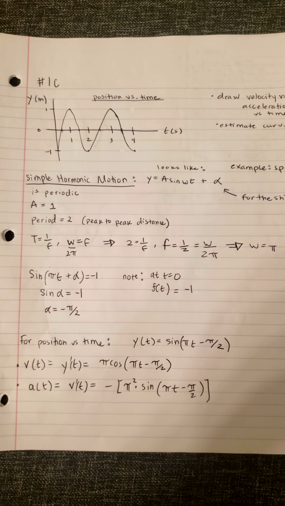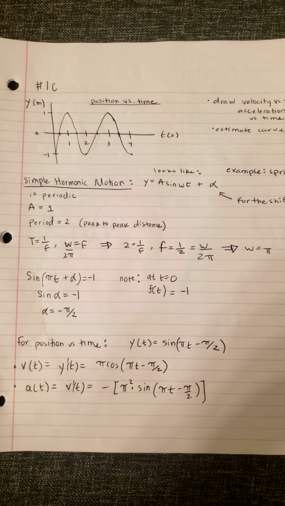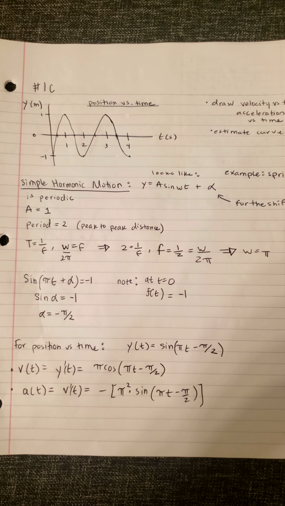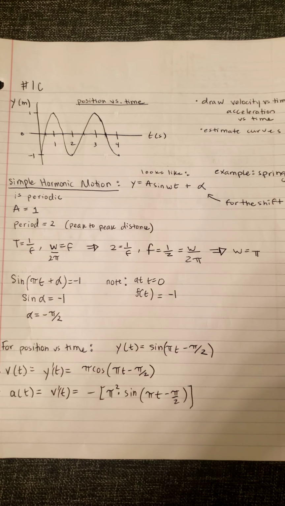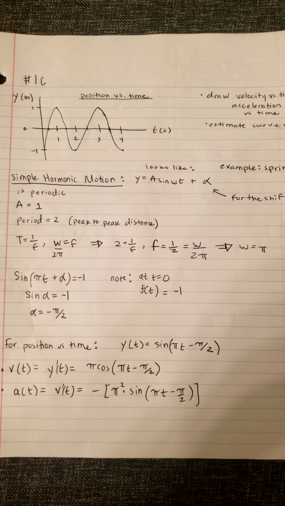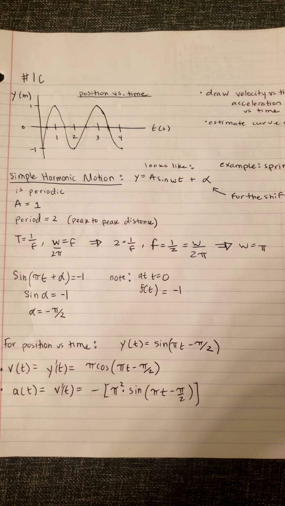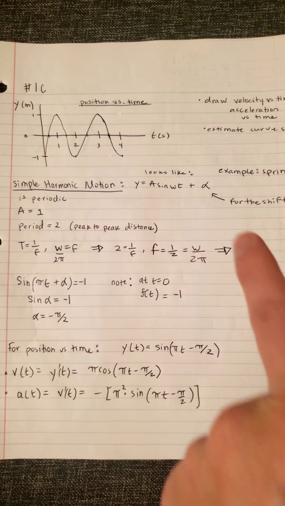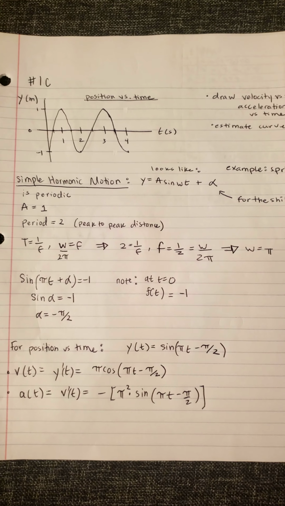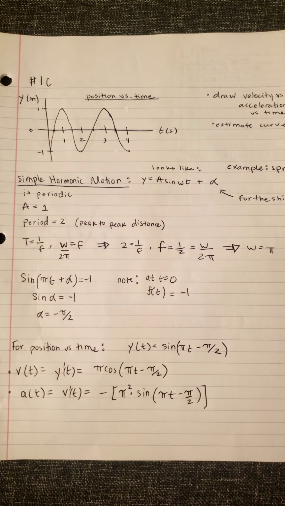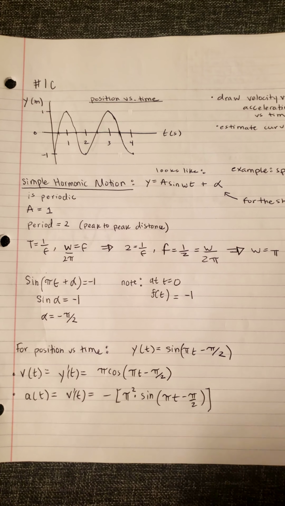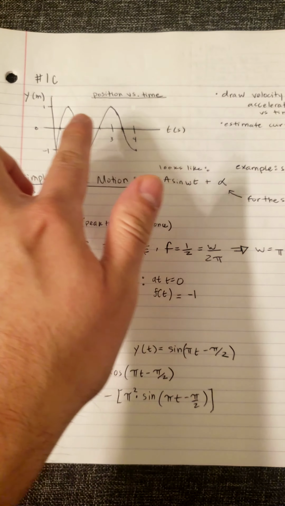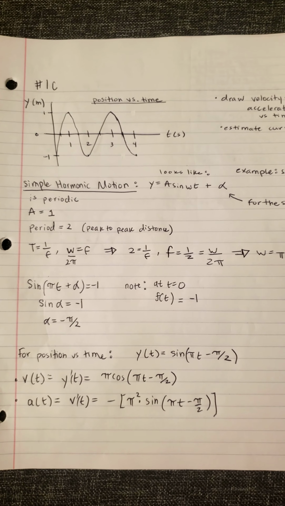y is equal to a sine omega t. And in this case, there is a shift, and we essentially have to find that shift, and I have denoted it here with alpha. And it is a periodic function with a equals 1, the period, which is the peak from here and here, is 2.